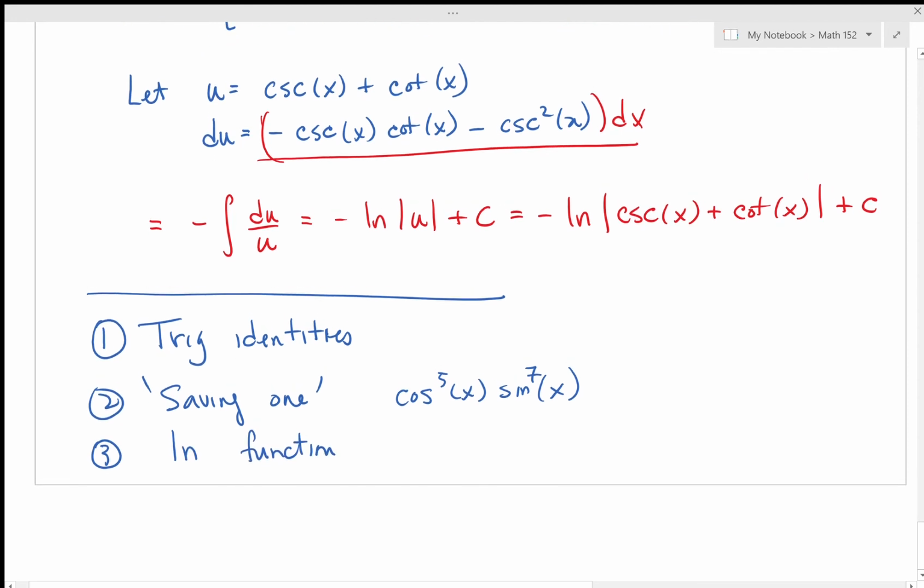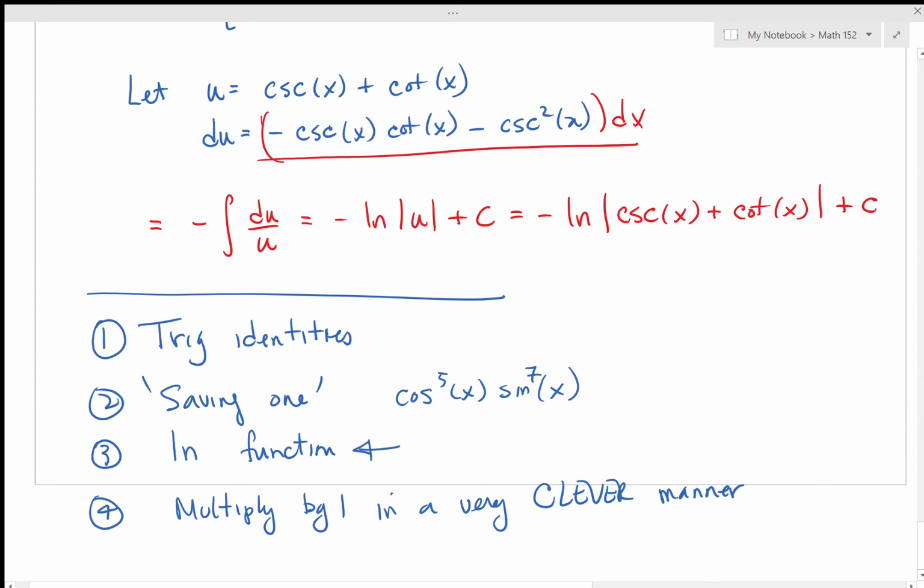We've seen that show up, and after we saw this come up naturally, then we had the idea of multiply by 1. Smart. Multiply by 1 in a very clever manner. Okay, so these are strategies to allow us to integrate the trigonometric functions.